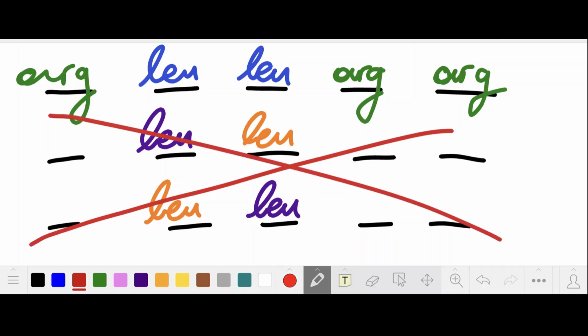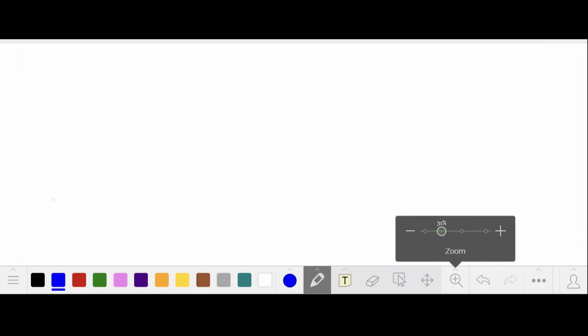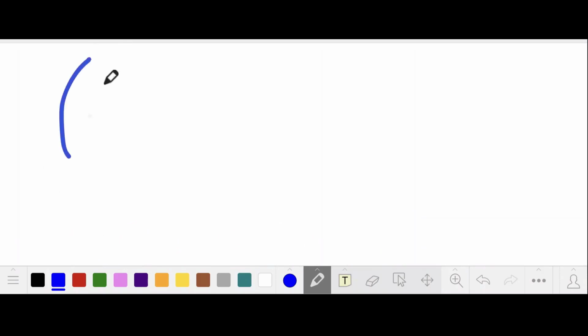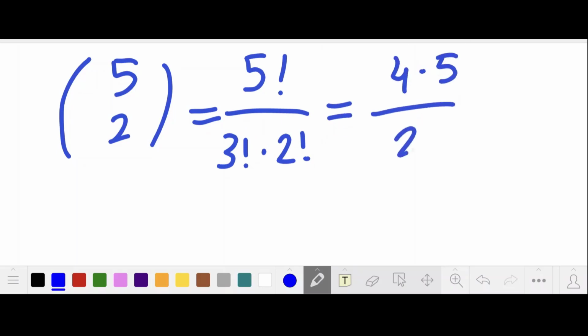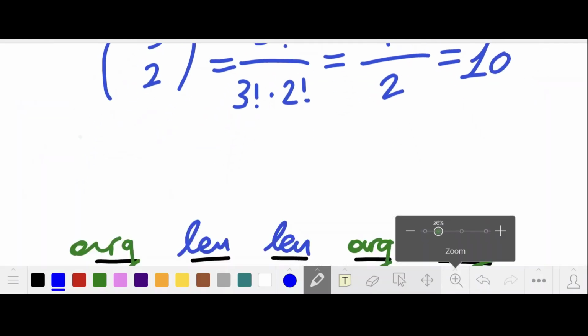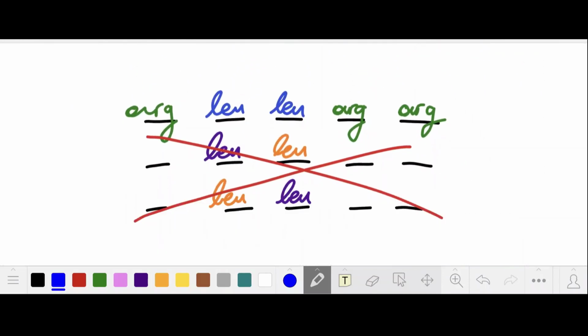All we have to do is combine those 5 positions of amino acids. We take 2 at a time, and that is equal to 5 factorial divided by 3 factorial multiplied by 2 factorial. That equals 4 multiplied by 5 divided by 2. So we have 10 pentapeptides in total that satisfy our condition.